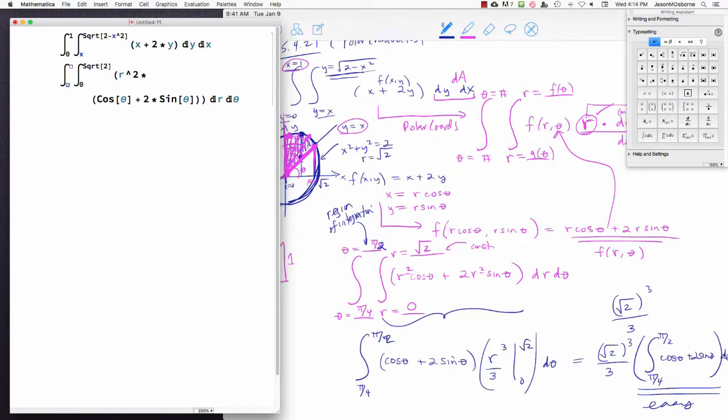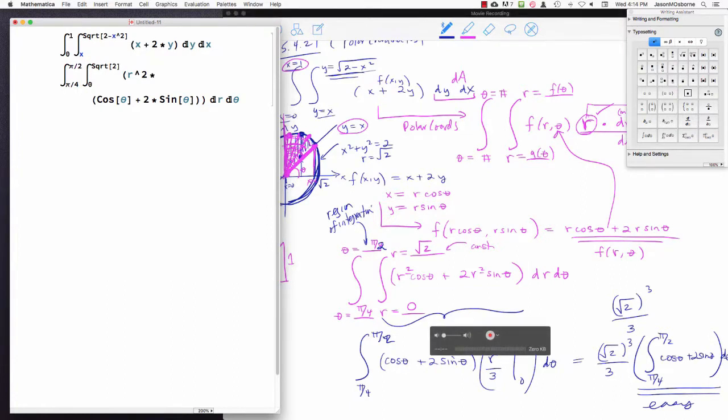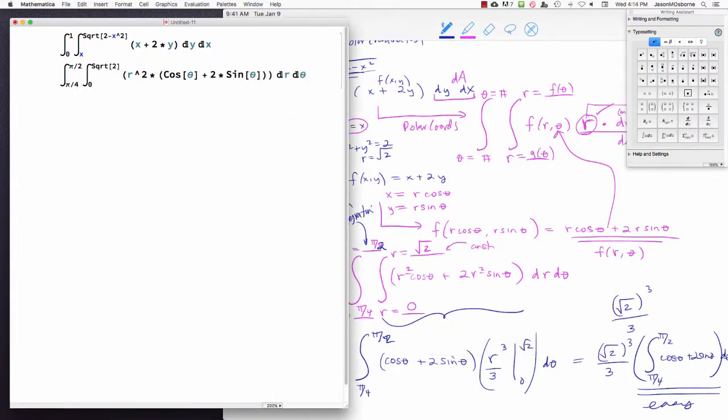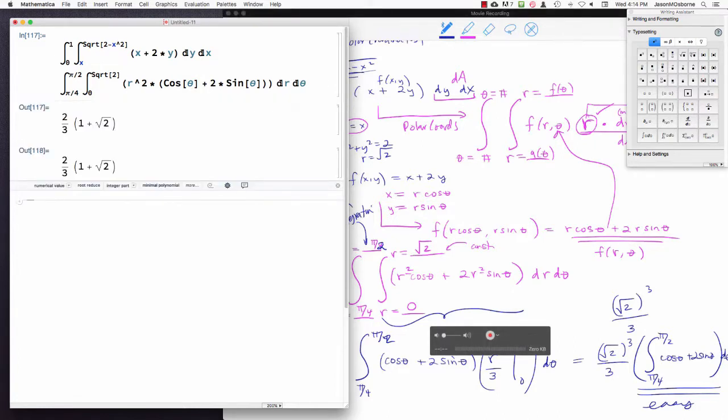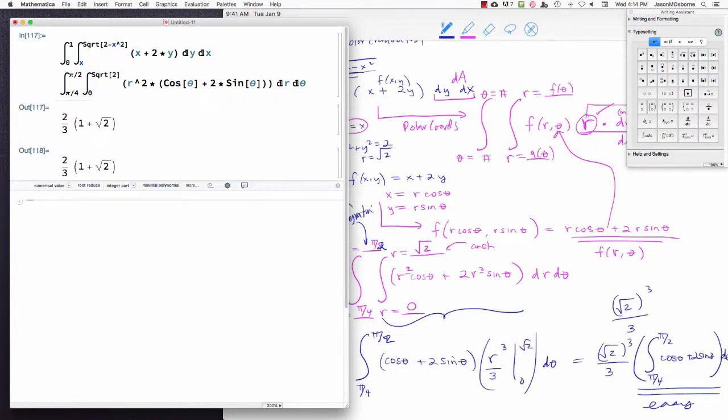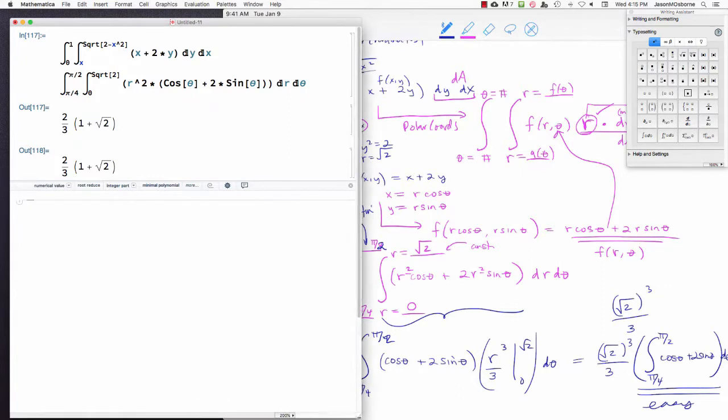The radius stays constant for every value of theta. Theta goes from pi over 4 up to pi over 2. You can check that these will give the same answer. So the answer you're looking to compute with this integral is 2/3 times the quantity 1 plus the square root of 2. And they give the same answer, which is a good sign that we've converted the integral correctly.